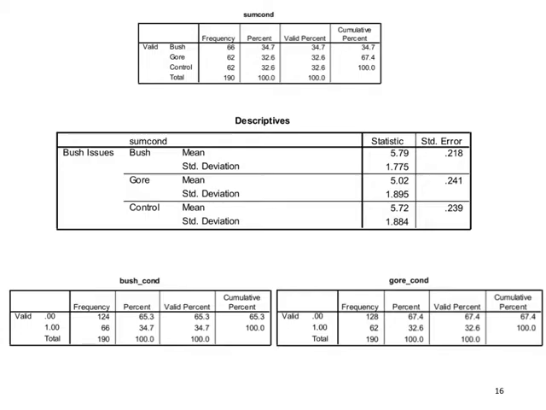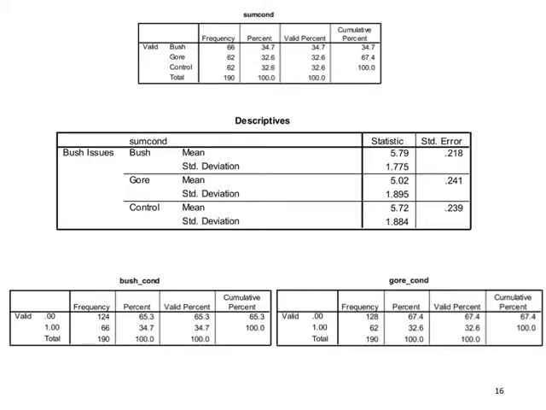And so what I have is a dependent variable, and we don't really care about this dependent variable for our purposes, but it's just how close they felt to Bush on the issues. Did they feel a long distance from him, or did they feel like their issue understanding or their issue beliefs align with Bush?